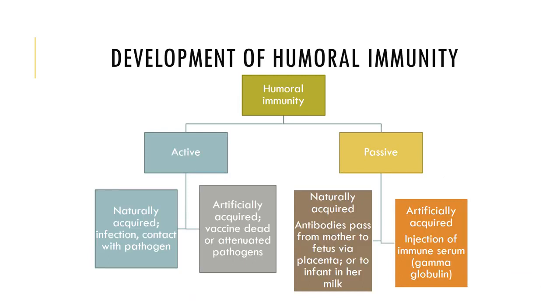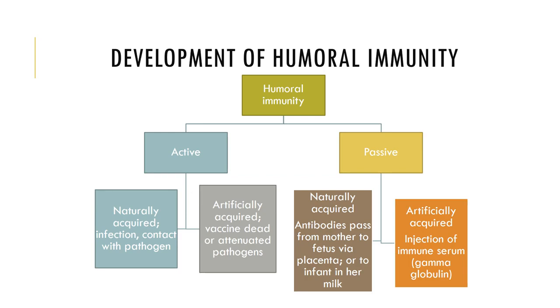The development of humoral immunity is outlined here for you, showing both aspects of active or passive. Active can occur from naturally acquired infection or contact with a pathogen. Artificially acquired occurs via vaccine that is dead or an attenuated pathogen.